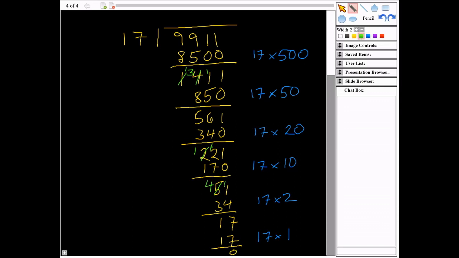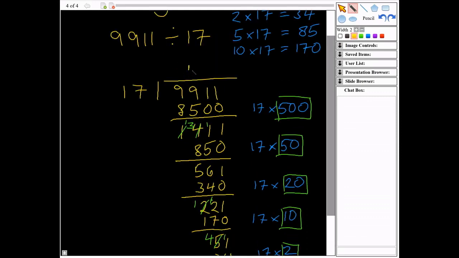Then to work out what the answer is, I need to add up these numbers here. So I've got 500 plus 50 plus 20 plus 10 plus 2 plus 1. So that's going to be 583. I'll write the answer up here, 583.